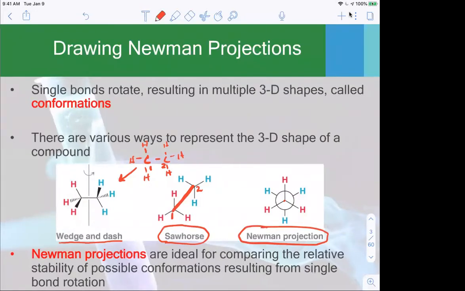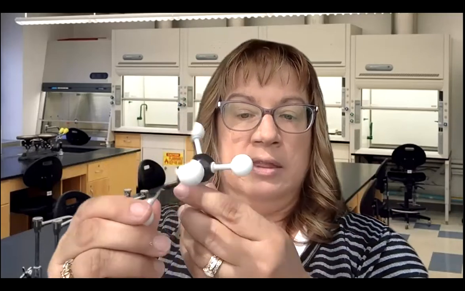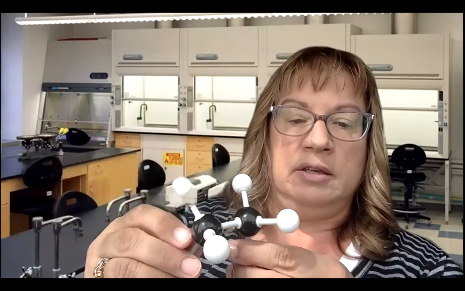Now I'm going to do this by showing you ethane and hopefully using the model. So I'm going to stop the share. If you look at the model, this is ethane, and notice I can rotate any of these bonds. Here's my ethane, and here's where I'm going to make this sawhorse.